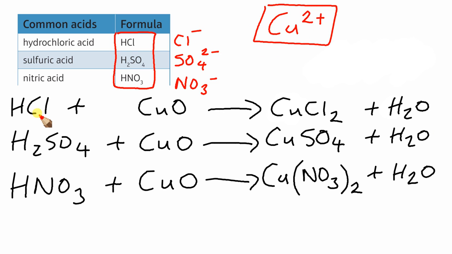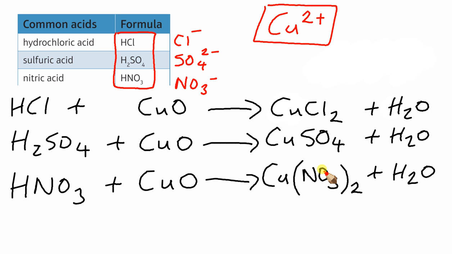So hydrochloric acid plus copper oxide, our salt is obviously going to be the metal chloride, Cu2+, and therefore I've got to have 2 of the negative chloride ions to get that to balance. Copper sulfate, obviously SO4 2-, Cu2+, so they're balanced, so copper sulfate as our salt. And then we've got copper nitrate, so here we've got NO3.